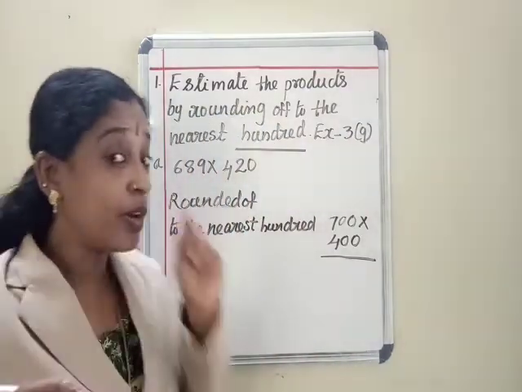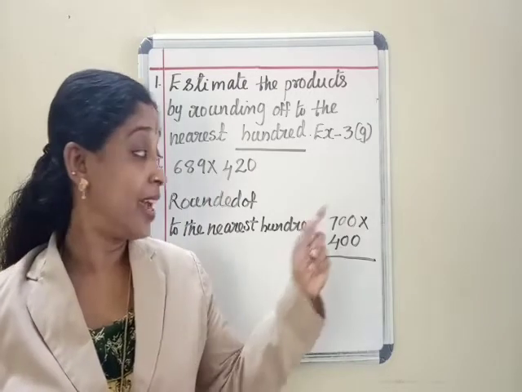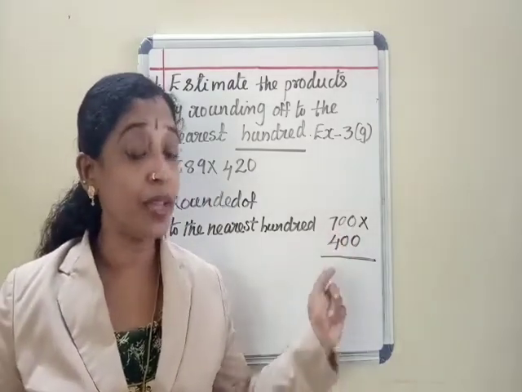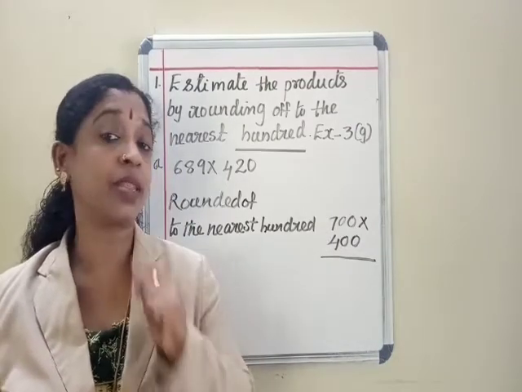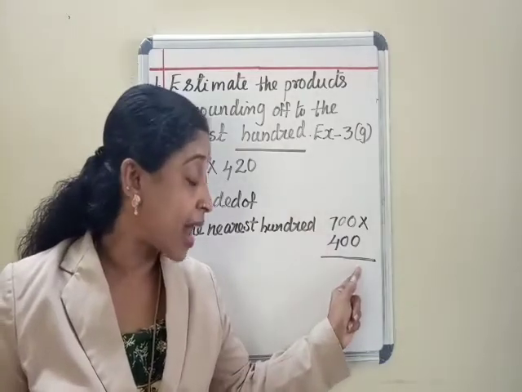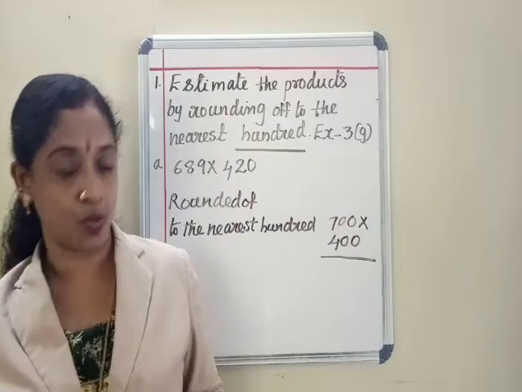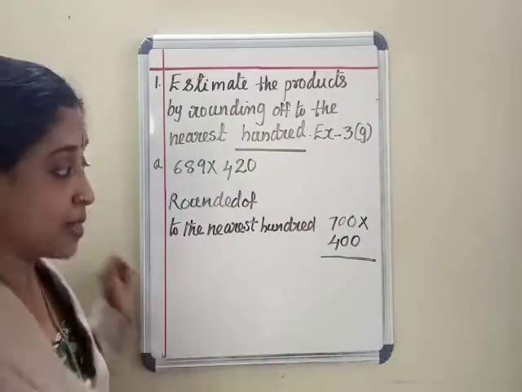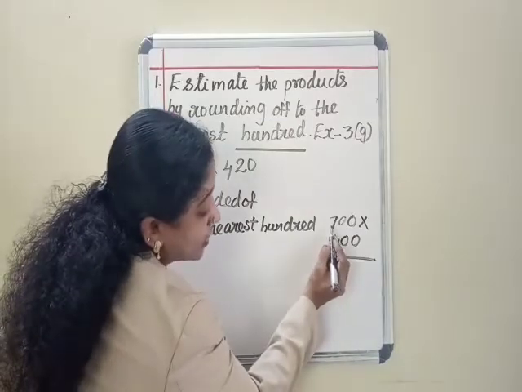Children, do you remember one easy method you studied? Here we are multiplying hundreds. Then what we have to do? We can multiply the numbers and on the right side we have to add the zeros. Then here which are the numbers? 7 and 4. Now we can multiply 7 and 4.